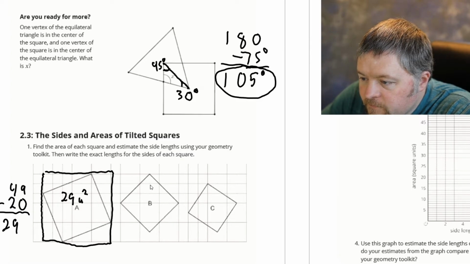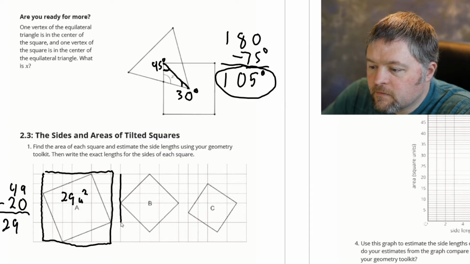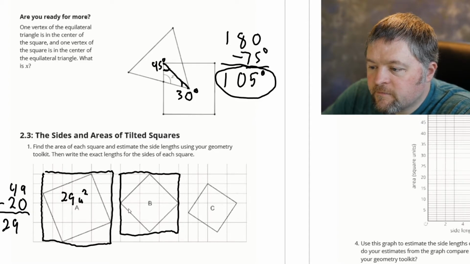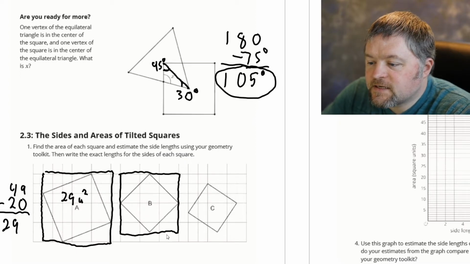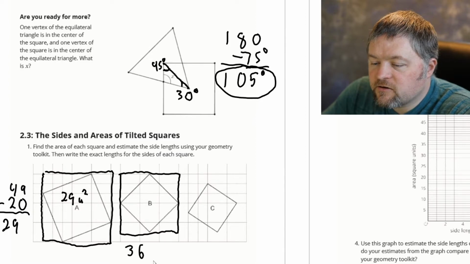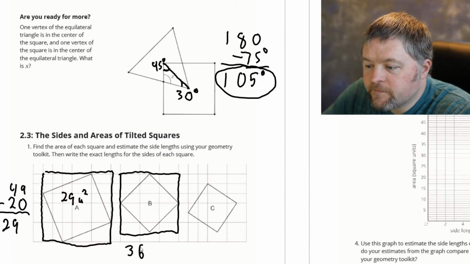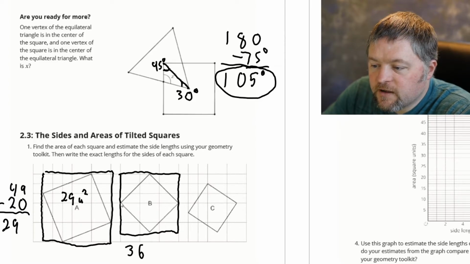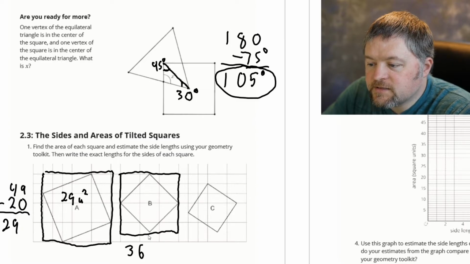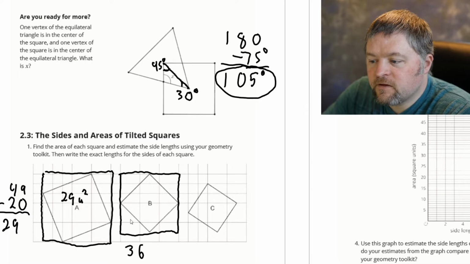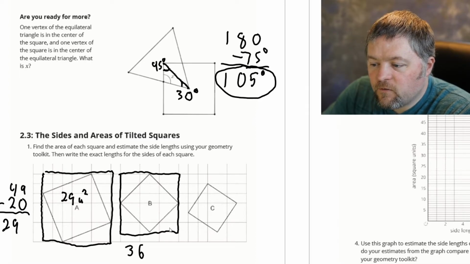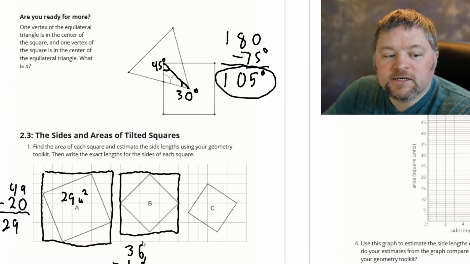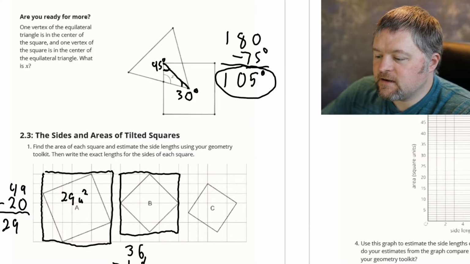Square B, we enclose it, is 6 by 6, so that is 36 square units. These triangles on the outside are 3 by 3. 3 times 3 is 9, over 2 is 4.5. 4.5 times 1, 2, 3, 4 is 18. 36 subtract 18.